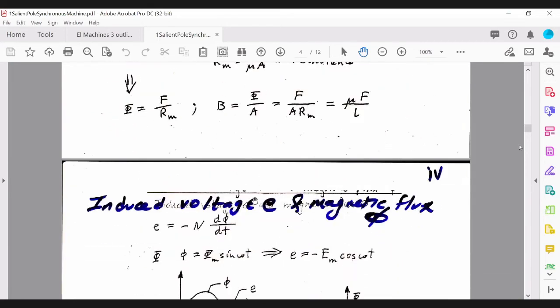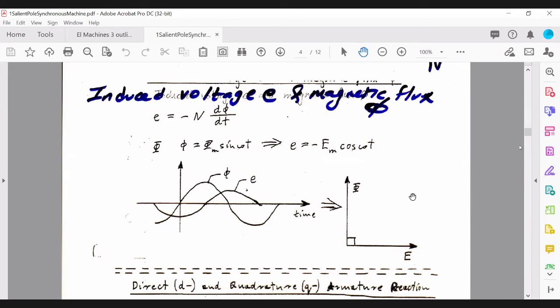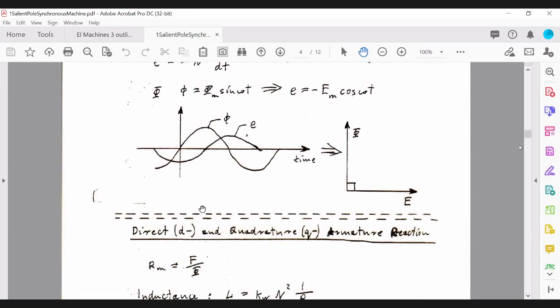And also how the induced voltage is related to your magnetic flux using Faraday's law, and how the flux is leading the EMF. There's a 90-degree shift because E is equal to d phi by dt, so you get a 90-degree shift between the two sinusoidal waveforms.